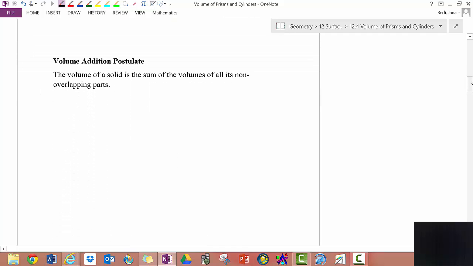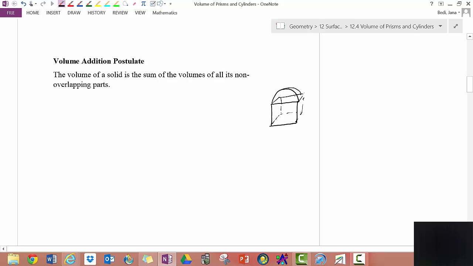A volume addition postulate, what it's saying is if you have, let's say, a cylindrical top, and then you have a rectangular base, and this is a three-dimensional figure. I'm not very good at drawing three-dimensional figures, but imagine a three-dimensional figure. Something like that. So that would be the top. This is terrible, but never mind.